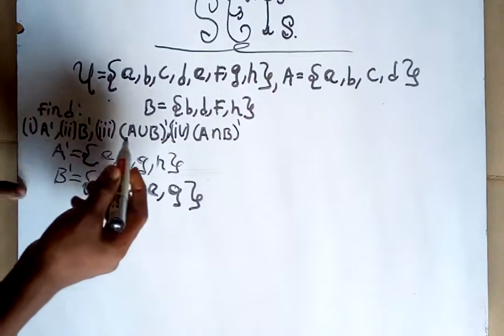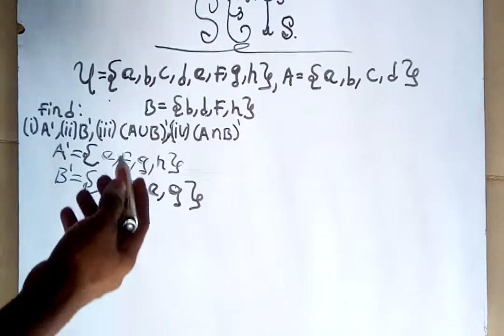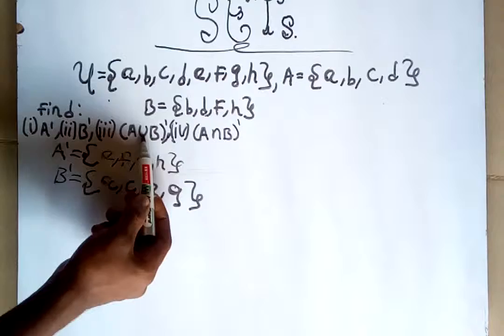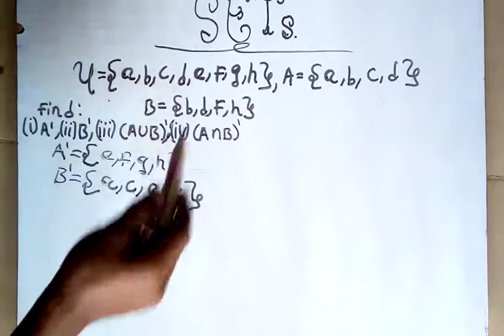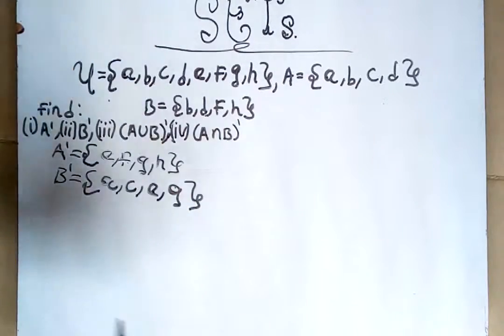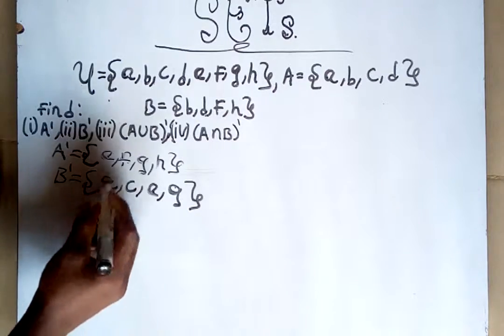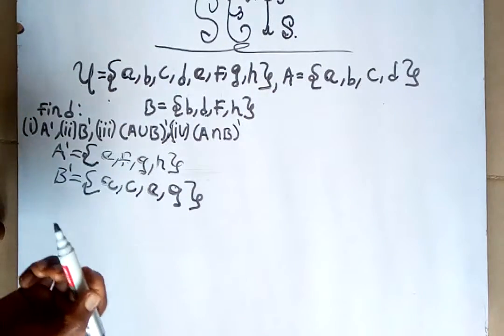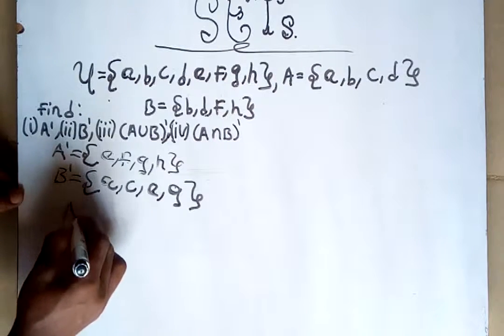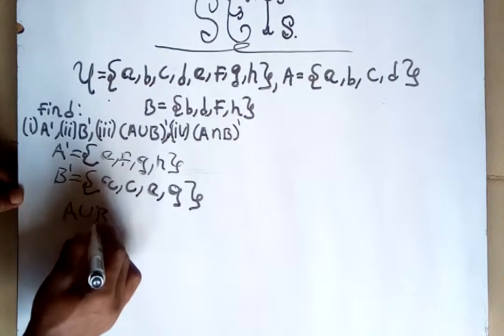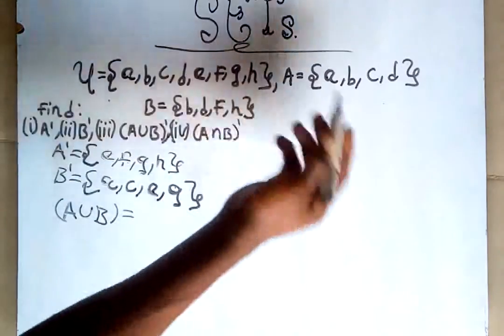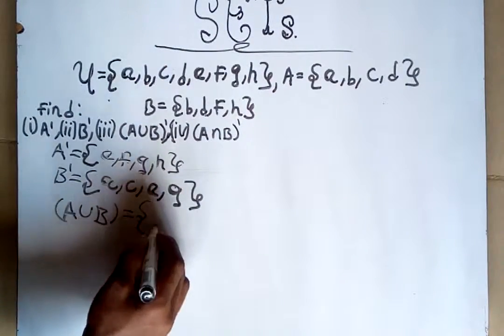So next, we're supposed to find what A union B all complement is. So to make things easier, you're just going to find A union B, then you find the complement of A union B. So A union B is equal to what's in A and B. So let's write everything down.